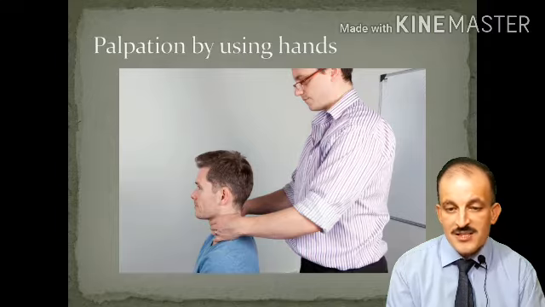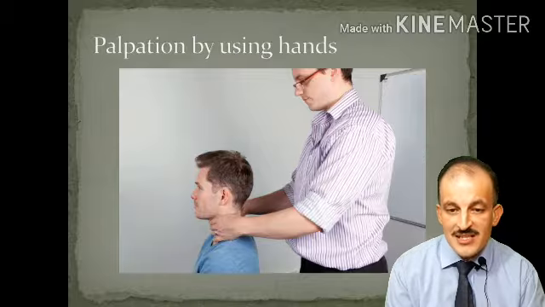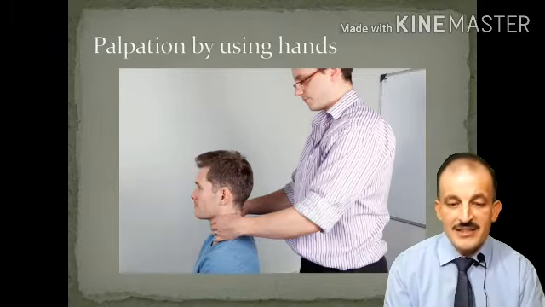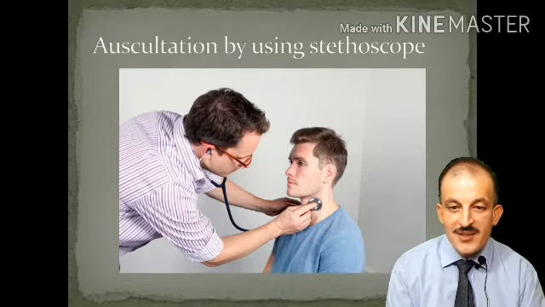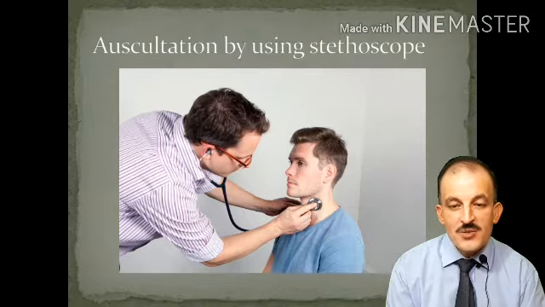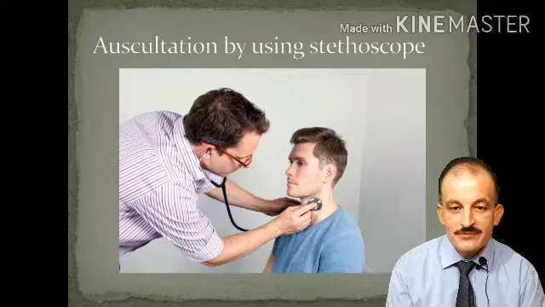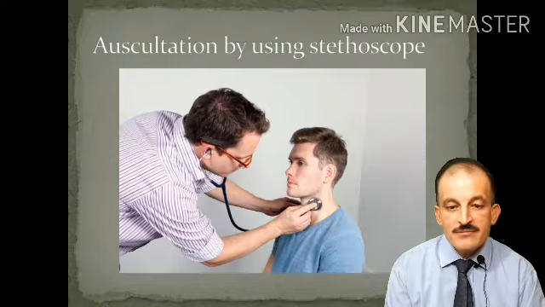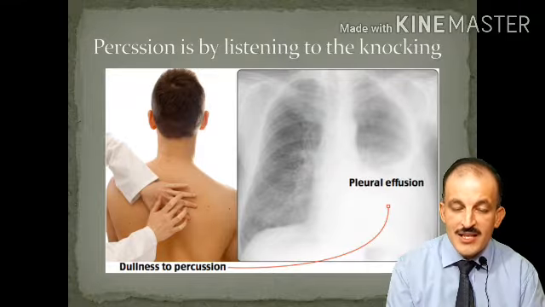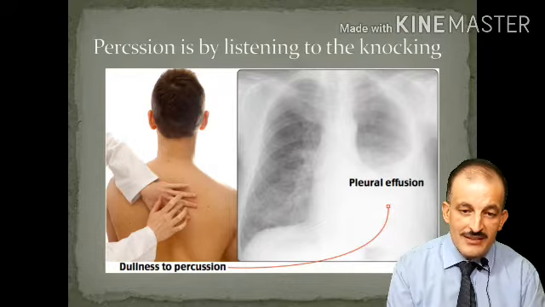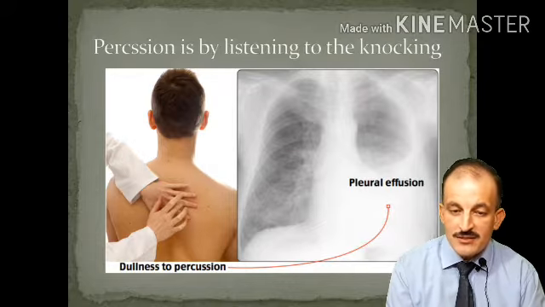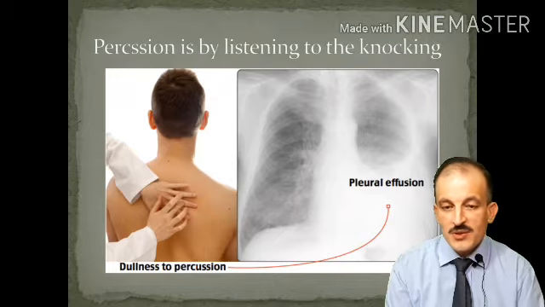As you can see, the physician is using his hands to palpate the neck. In this picture, you can see auscultation using a stethoscope. This picture is for percussion. As you can see, the physician is knocking on the region he wants to examine.